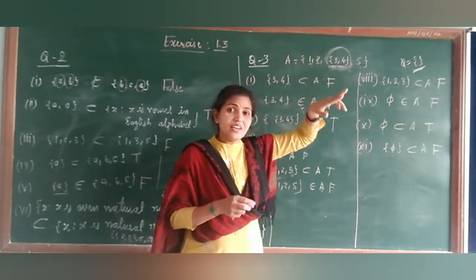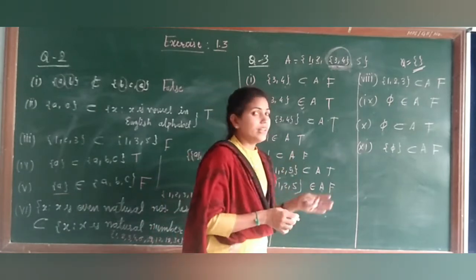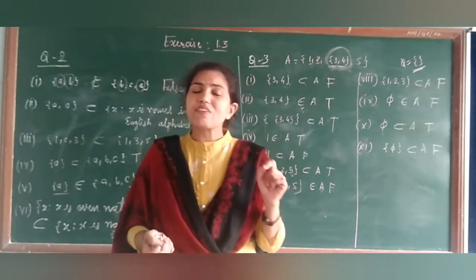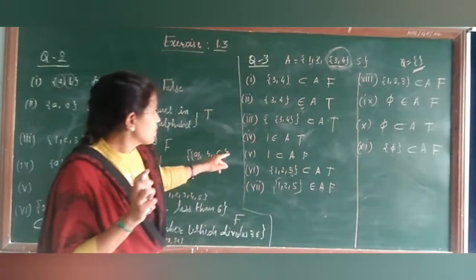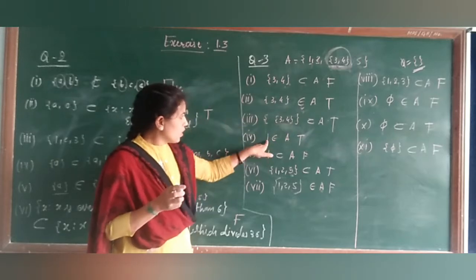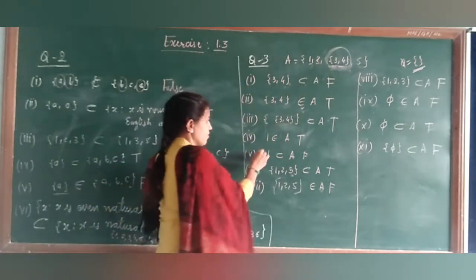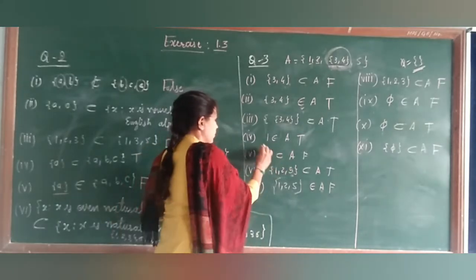But in the other case, the element will be written as a single, okay, then a subset will always be enclosed between the brackets. For example, 3 4 is the element, it is in the bracket, 1 is a set. If I write it like this, then it is a subset, okay.